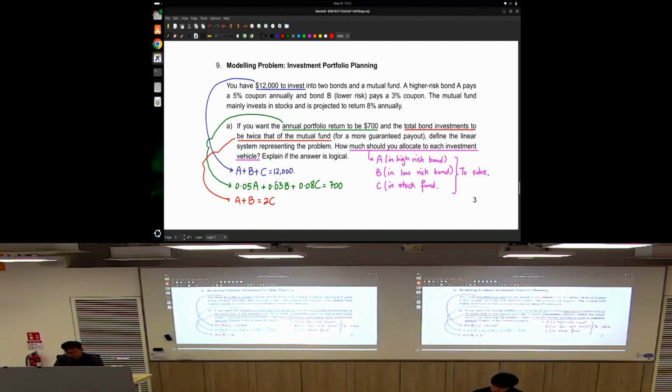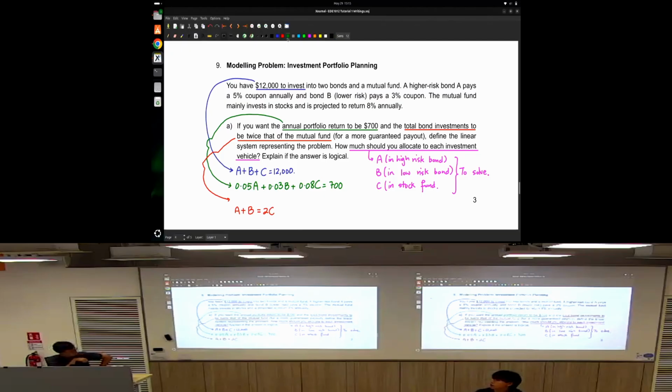No? All good? Okay, so once you have your constraints written down, you should put them in the so-called nicer form. You see the second equation? You multiply by 100 throughout, and you get a nicer equation, which is 5A plus 3B plus 8C equals 70,000.